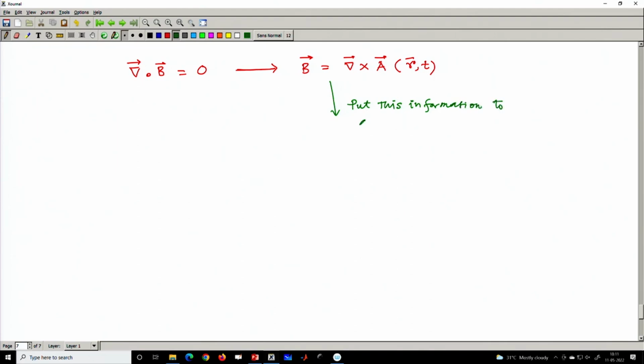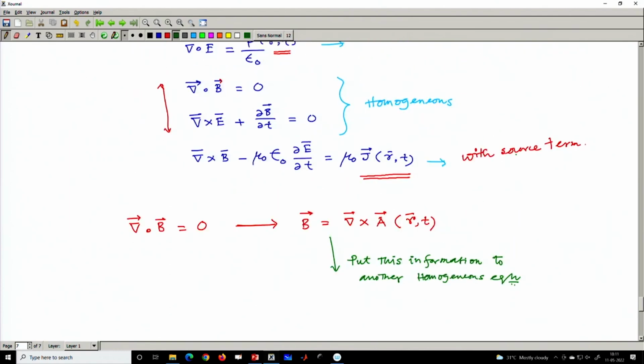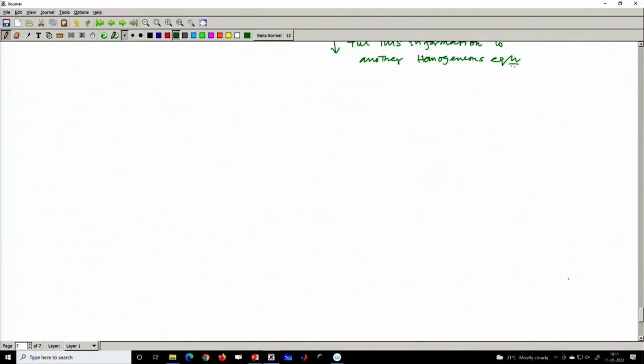So, I start with one homogeneous equation and get something, and then I put this information into another homogeneous equation.